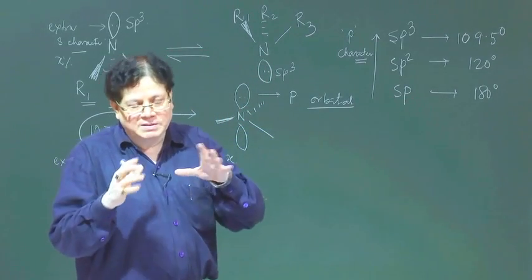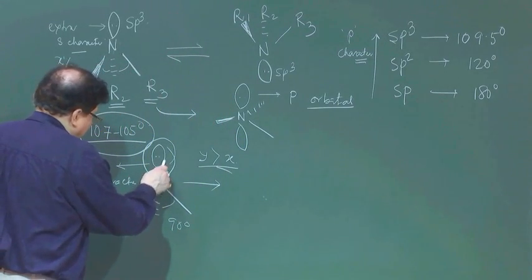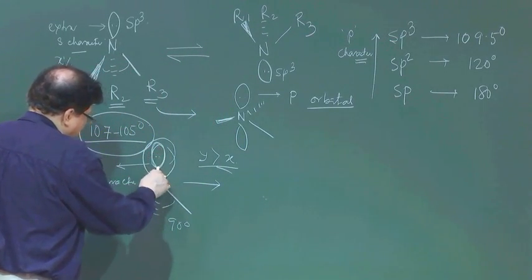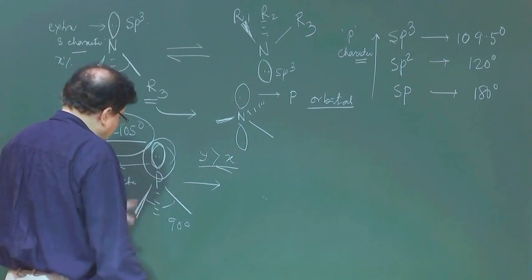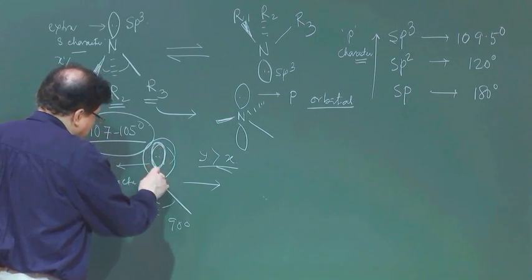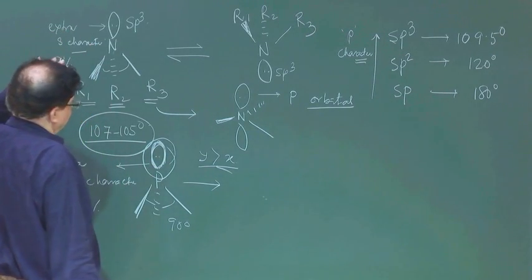So, again I repeat, the s character of the orbital containing the lone pair in trialkyl phosphine is much more than the expected sp3 as compared to the nitrogen.